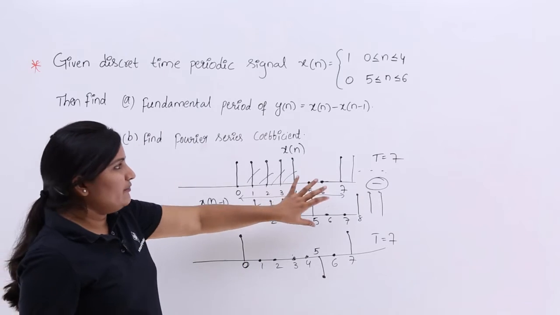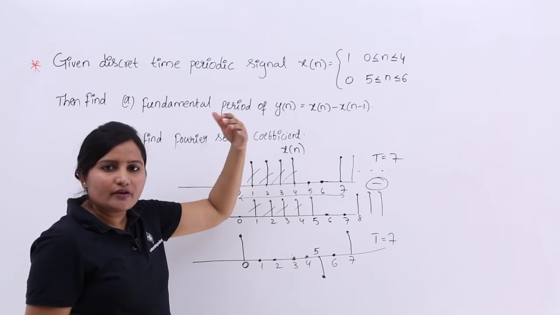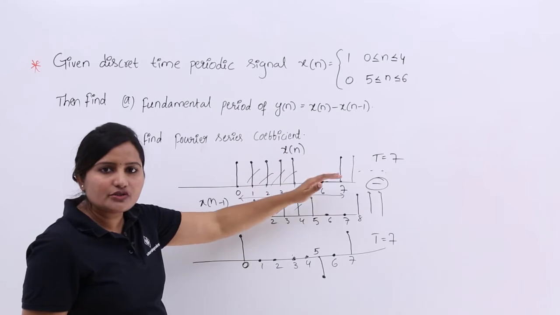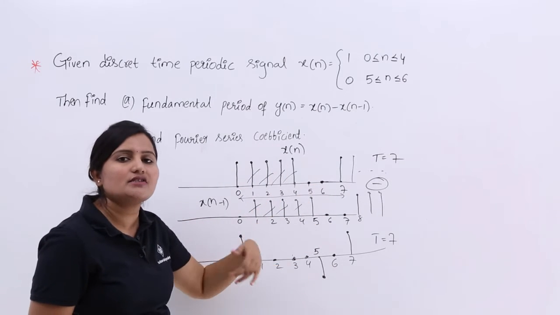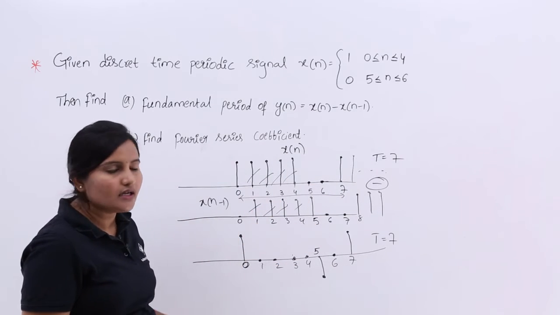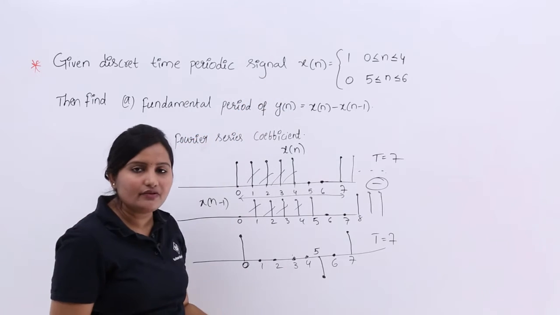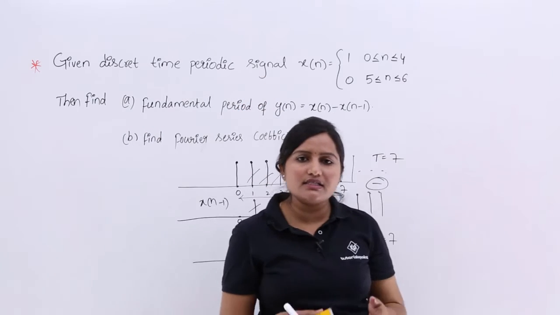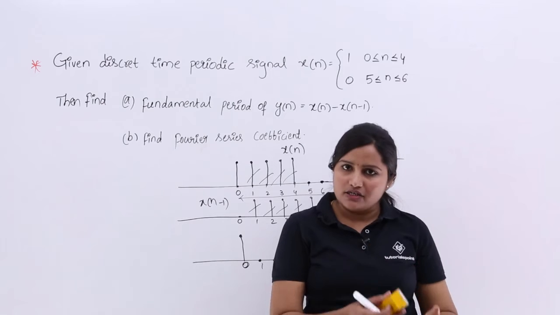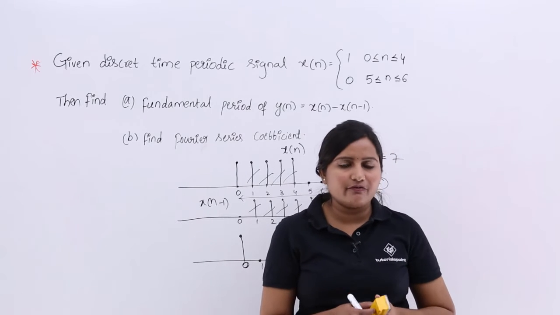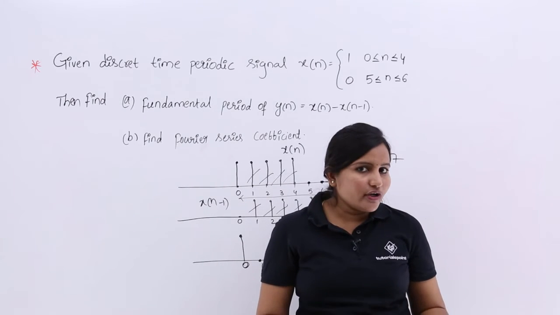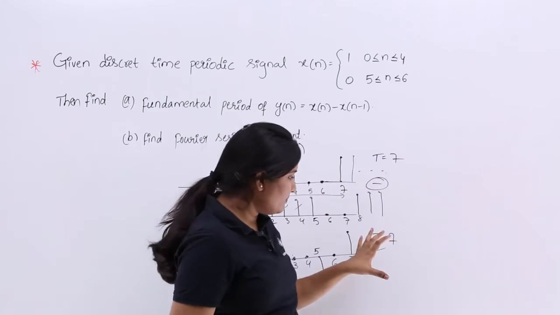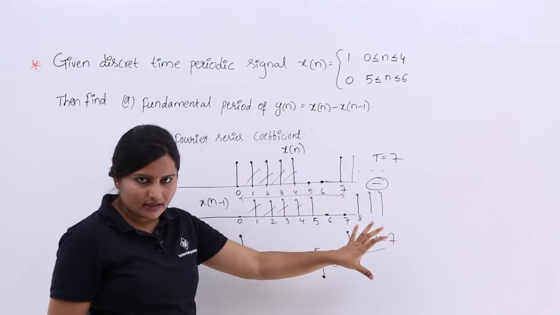If you do any subtraction or any modification, your fundamental period is not going to change. That means the resultant signal, which came by subtracting the shifted version of the signal from x of n, does not change its period. The fundamental period remains as it is.